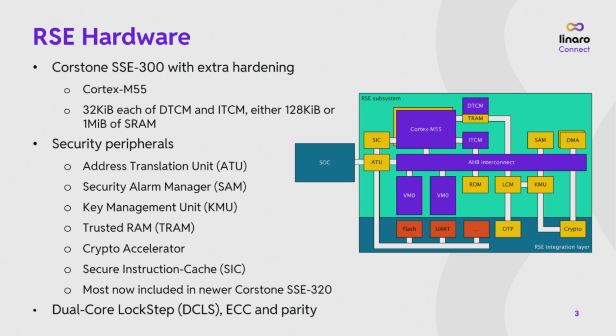But for RSE, there are several security components that have been added around the Corestone subsystem as part of the hardening process. If we very quickly look at some of the hardware components that have been added on top of the standard design, there's the address translation unit, which allows RSE to be attached to a bigger 64-bit SoC. So it does the 32 to 64-bit translations.